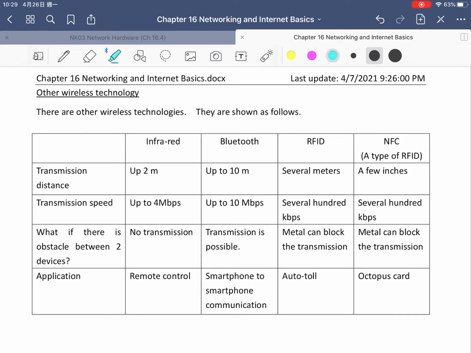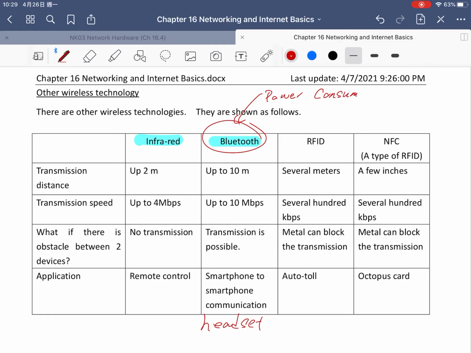Okay, they are infrared, Bluetooth, which is very popular for wearable devices like the headphone, headset, or earphone, because the power consumption is low, the battery can last longer for the mobile portable device, and RFID and NFC.